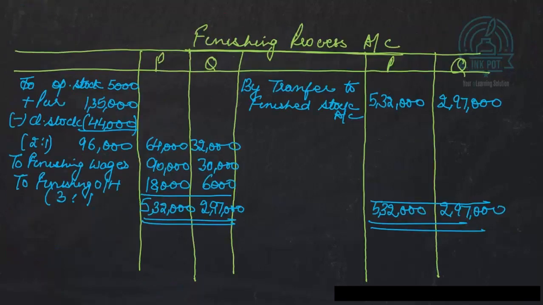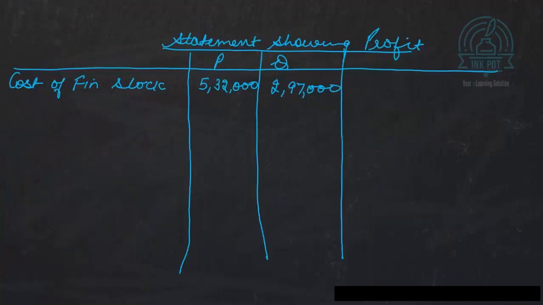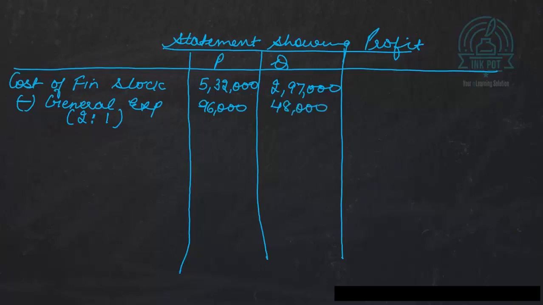General expenses are to be divided in the ratio of 2:1. General expenses were 1,44,000, and after dividing in the ratio of 2:1, we'll get 96,000 and 48,000, right?